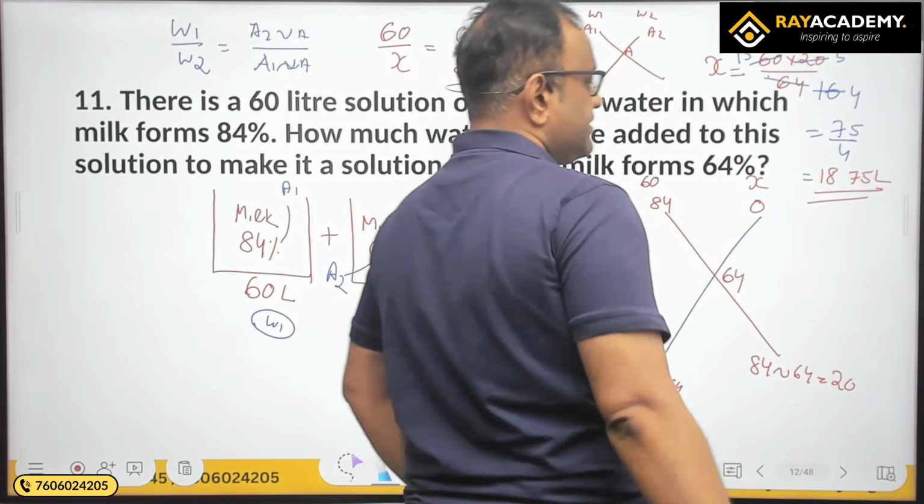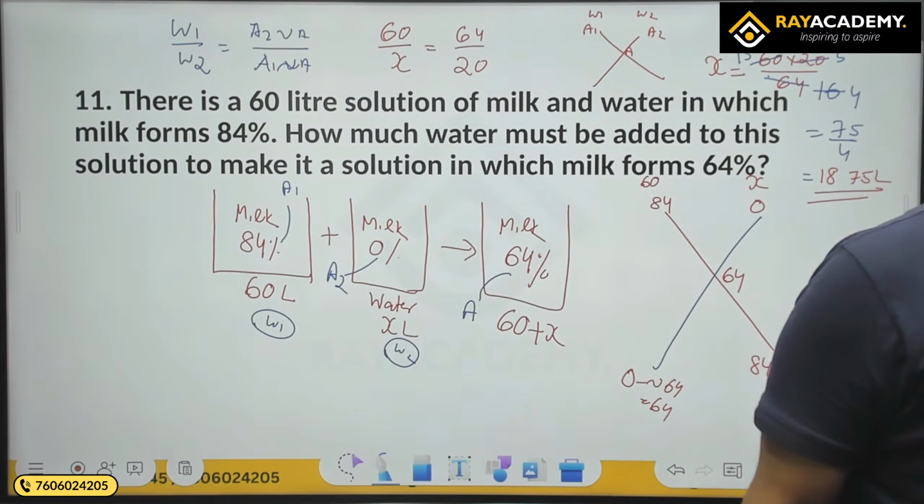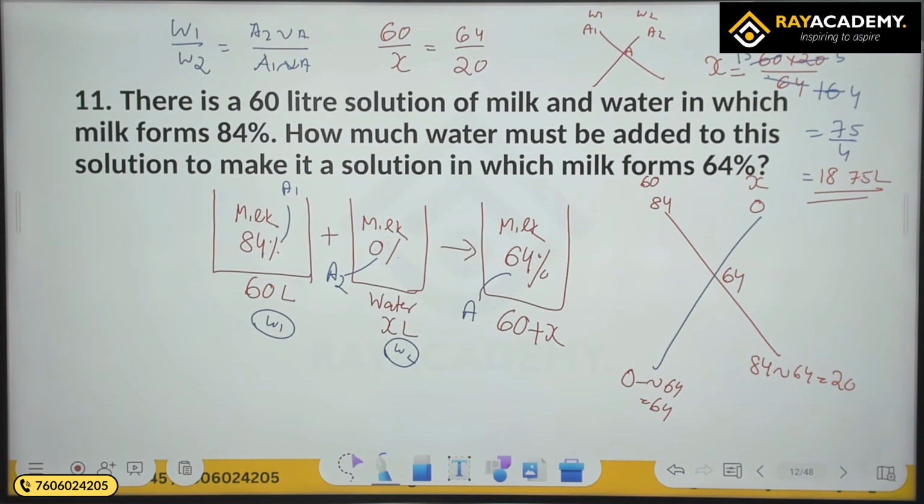Okay, 3 by 4, so 18 liters, 750 milliliters. So the answer is 18.75.